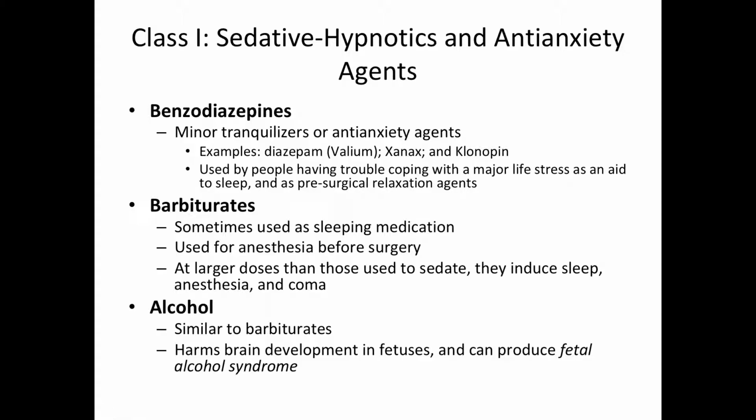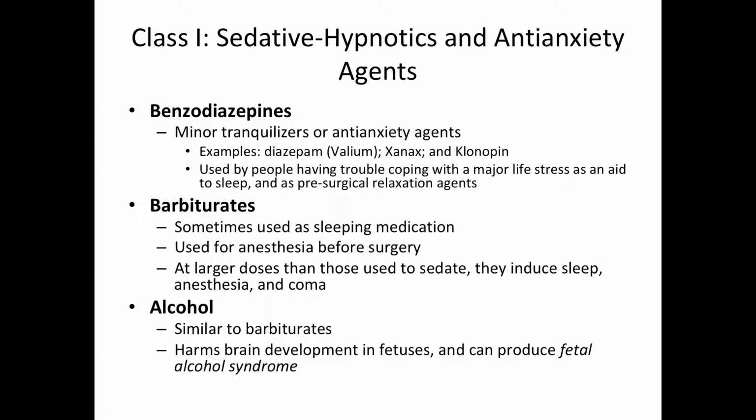The most commonly known anti-anxiety agents are the benzos, or benzodiazepines, such as diazepam. The benzodiazepines are marketed as Valium or Xanax or Klonopin. Benzodiazepines are often used by people who are having trouble coping with major life stressors. They're also given to help sleeping, and they're also used pre-surgery as a relaxation agent.